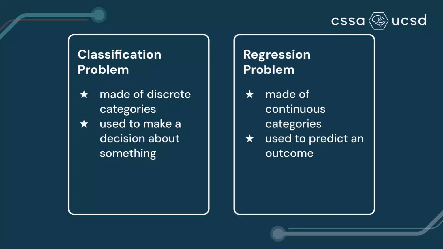On the other hand, we also have regression problems, and these are made of continuous categories. Who wants to tell me what continuous categories are? Continuous categories are those with infinite sets of values.